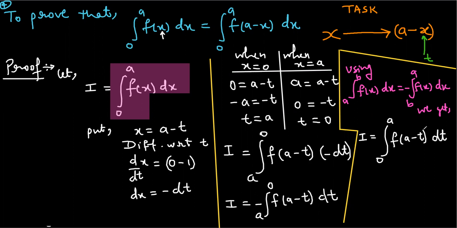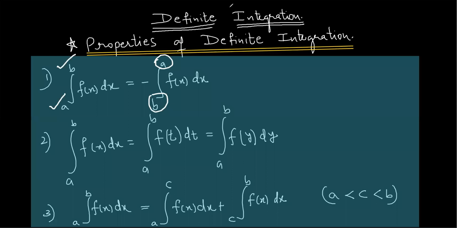Now this is the time when I use property number 2. What was property number 2? Property number 2 was that if you have a to b f of x dx, you could write it as a to b f of t dt. This is known as the property of change of variable.